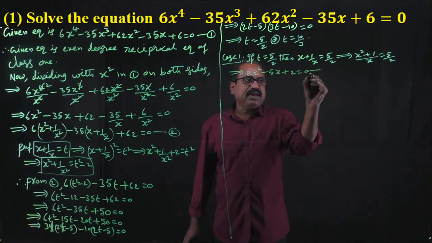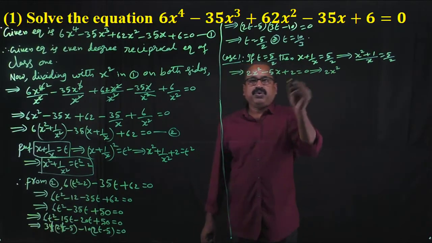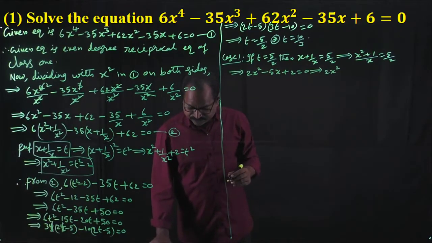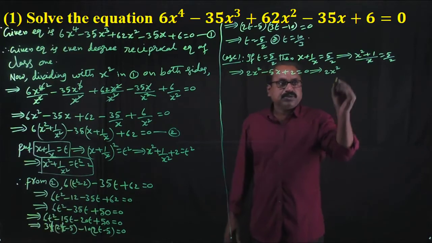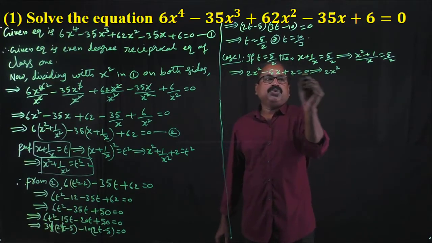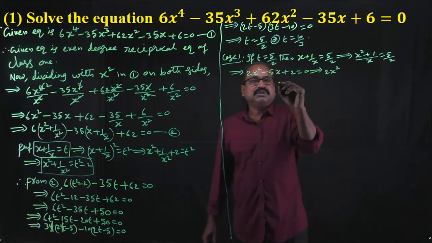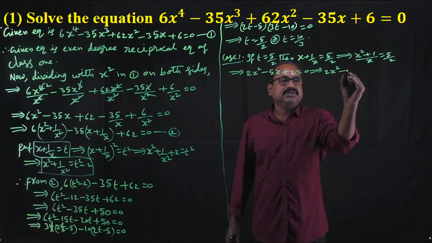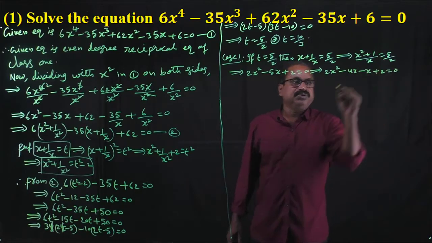Here the factors: 2 into 2, 4 factors, 2x^2 - 4x - x + 2 = 0.